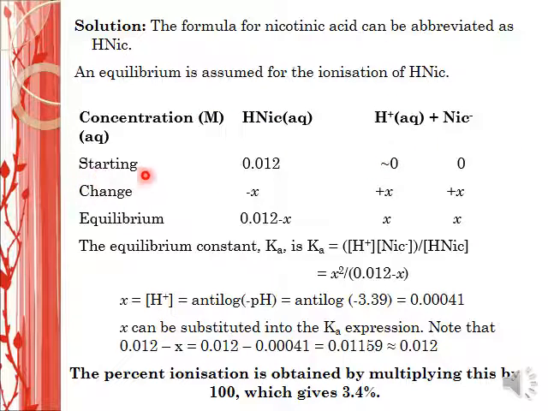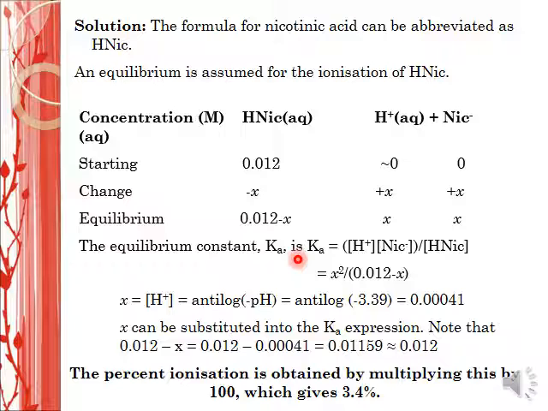During the dissociation process, some of the acid would decrease, so you get negative X, forming H plus and NiC minus. That's why you get a plus sign here. At equilibrium, we just add initial plus change, so you get 0.012 minus X, 0 plus X, X, 0 plus X, X. Now we put this equilibrium into the Ka expression.